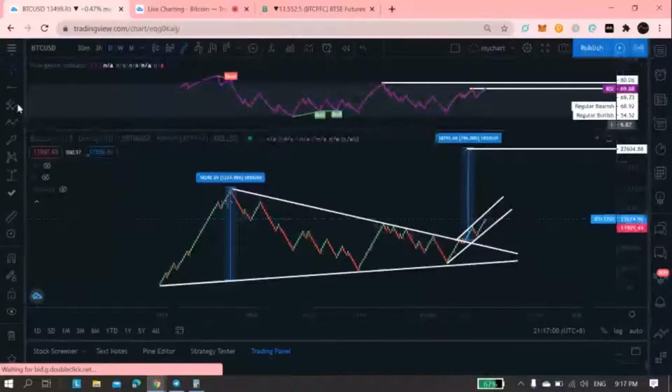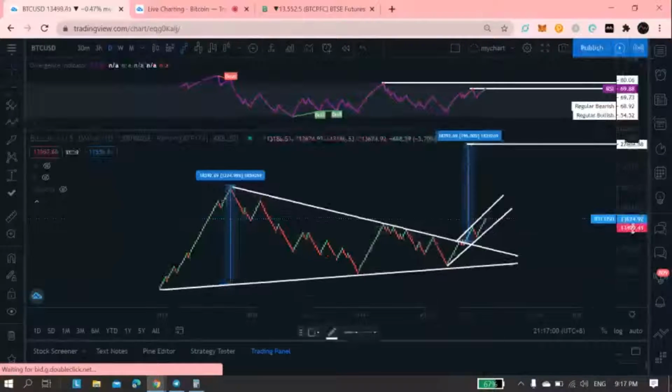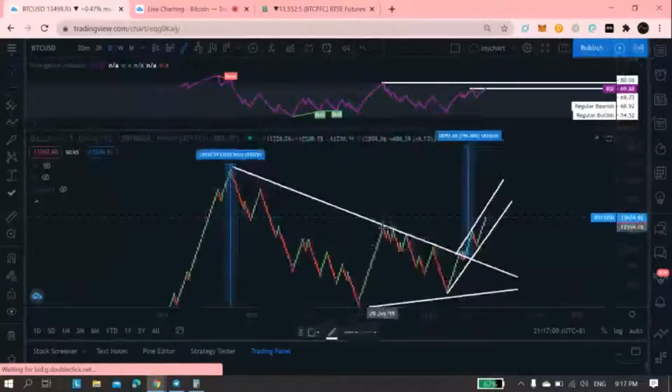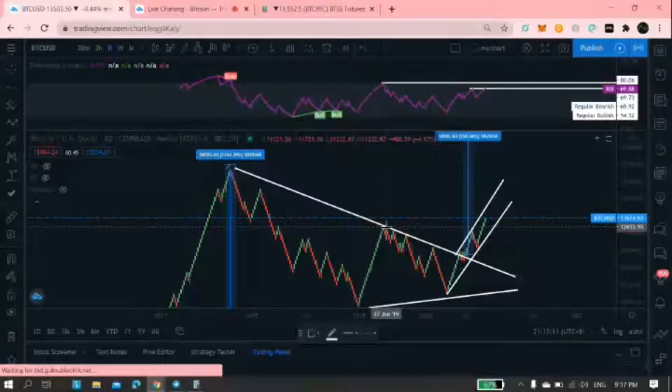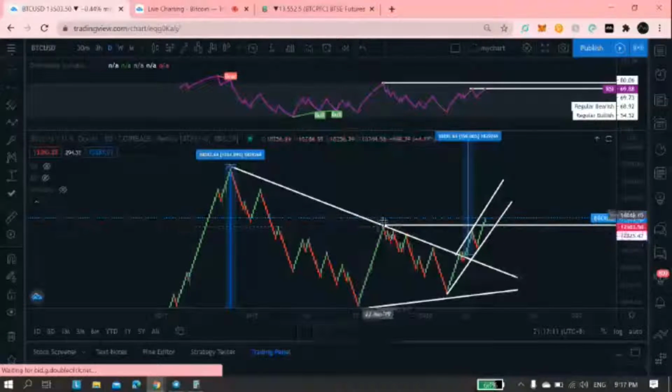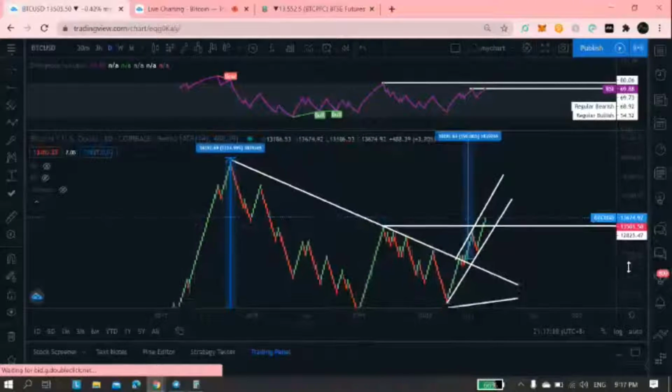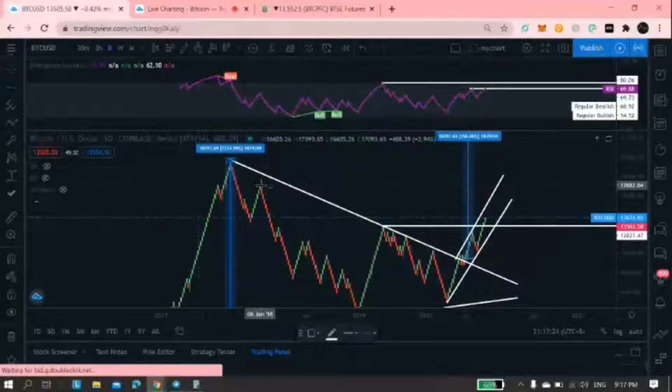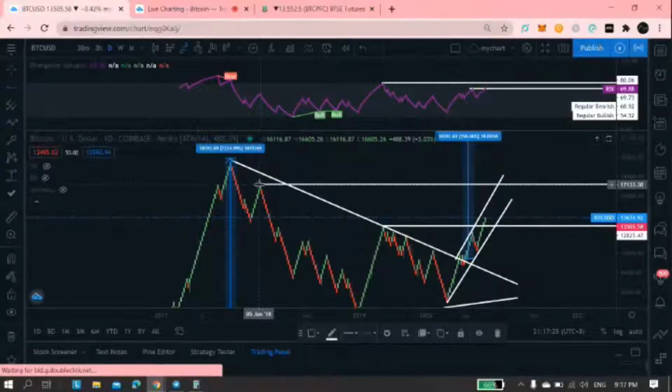So yeah, currently the support I'm looking at using this Renko chart is this area, the previous support or the previous peak around the 12,800, and the next possible resistance is this area around the 17,100.